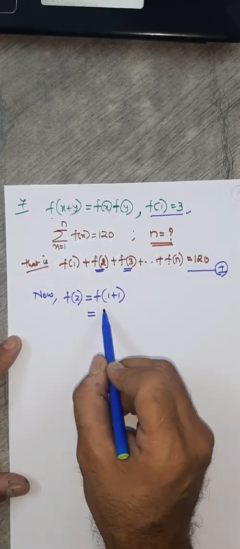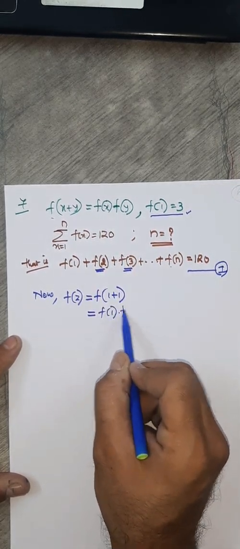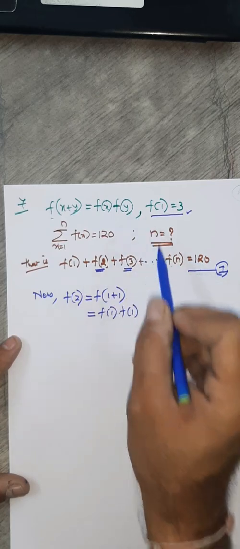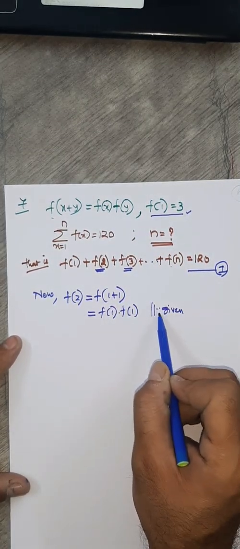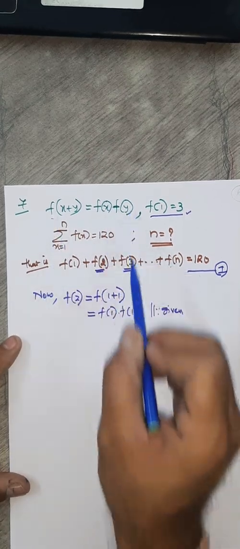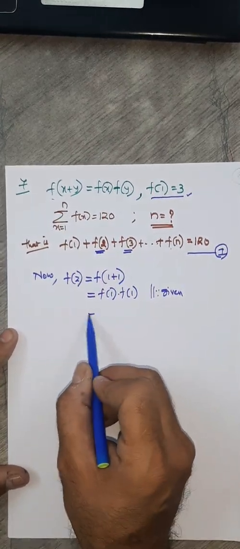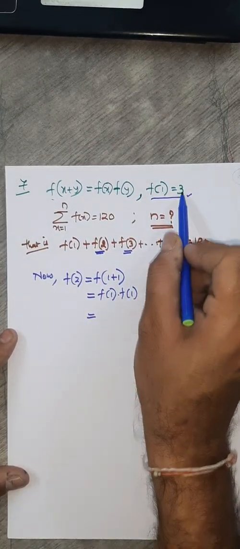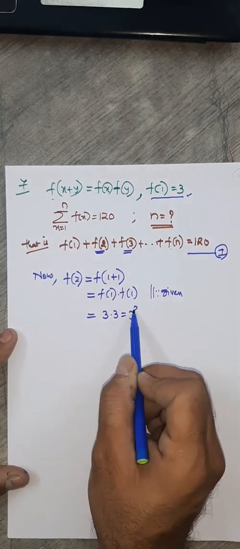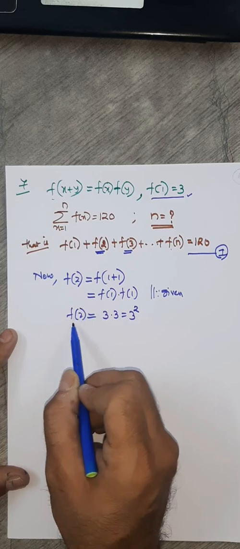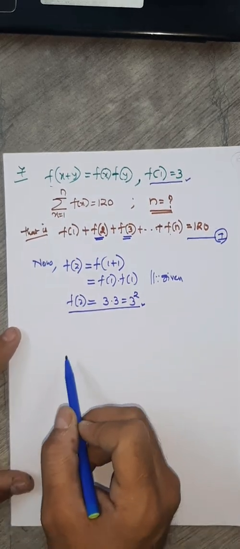Now that I can write as f of 1 into f of 1 as per this. This is given, remember. Addition you can express as multiplication as per this information. But what is f of 1? That is 3. This is also 3. So 3 into 3, we'll get 3 square. So f of 2 is 3 square.